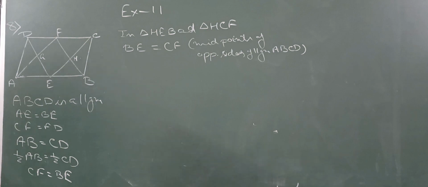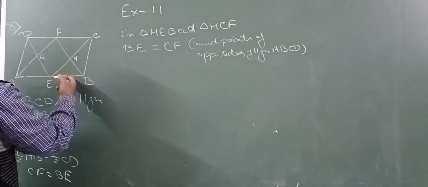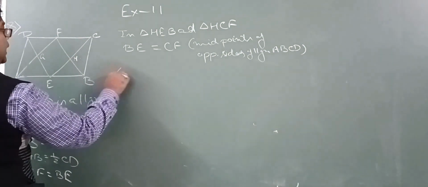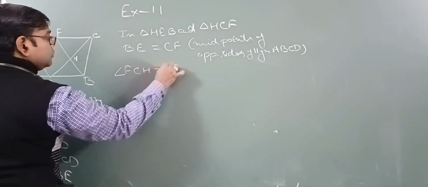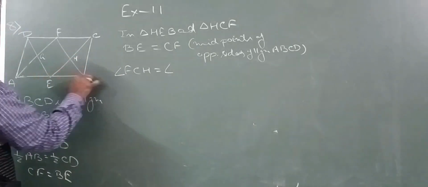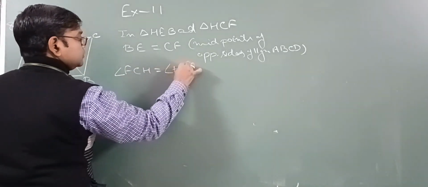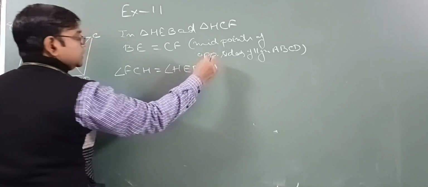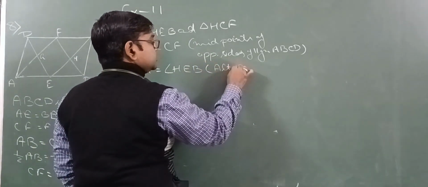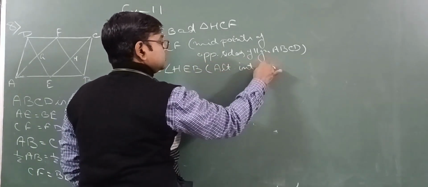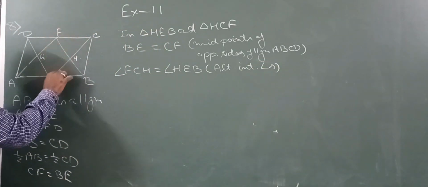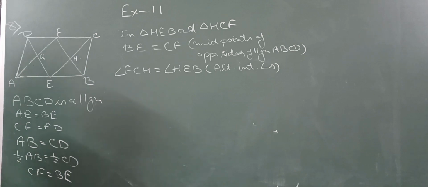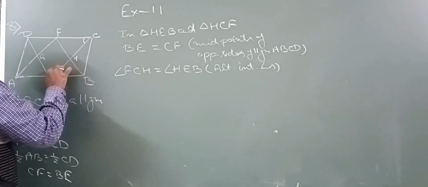Then next, as we know ABCD is a parallelogram, angle HFC equals angle HEB. It's alternate interior angles, because these two lines are opposite sides and parallel to each other, as part of parallelogram ABCD. So these two angles are equal.